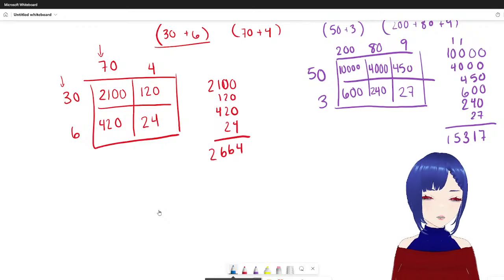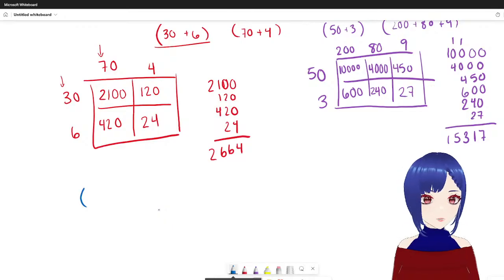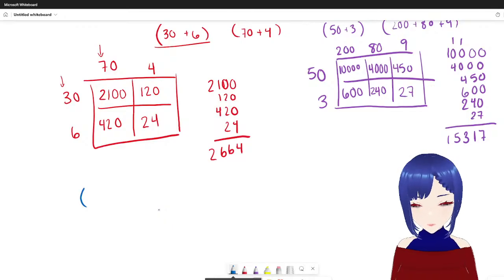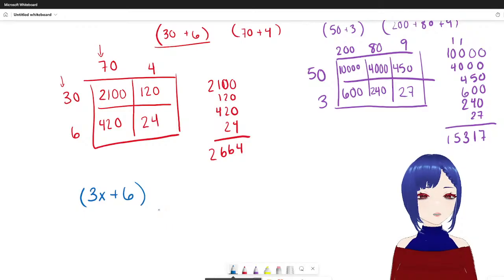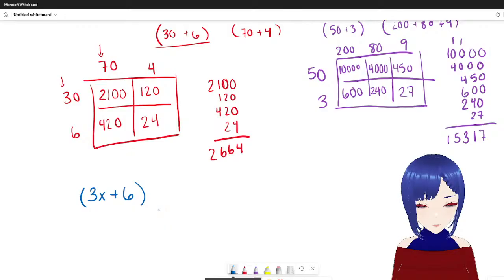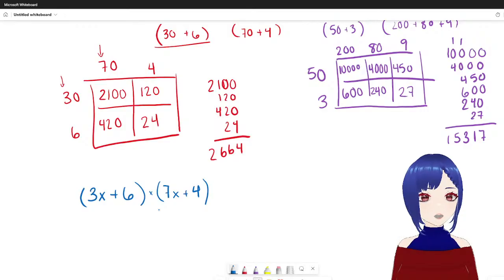So when we're given an algebra question, let's do something somewhat similar: 3x plus 6. So instead of 30 plus 6, it's 3x plus 6. And then it's multiplied by 7x plus 4. So we're keeping it similar to what we already did to help with that.